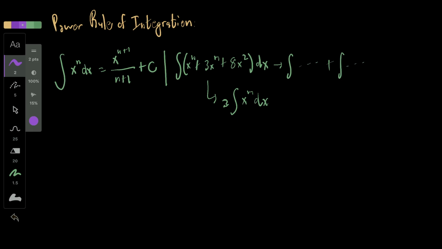So our proof is that first, let's take this end result, x to the n plus 1 divided by n plus 1 plus c, and differentiate it.